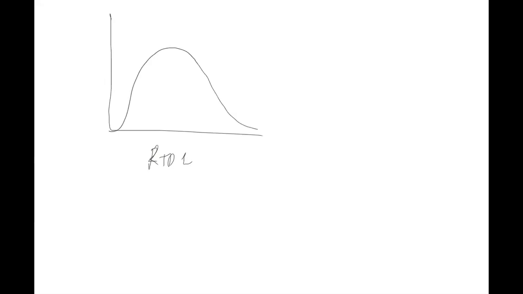Tell me this concept. Suppose I have two RTDs. This is RTD 1, something like this. This is RTD 2. Which one is close to PFR?